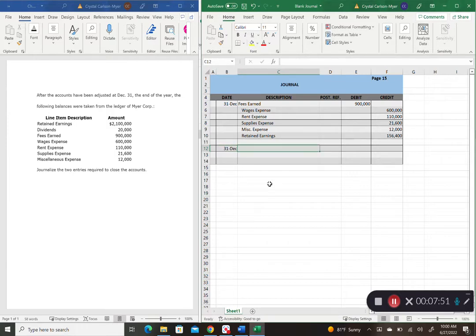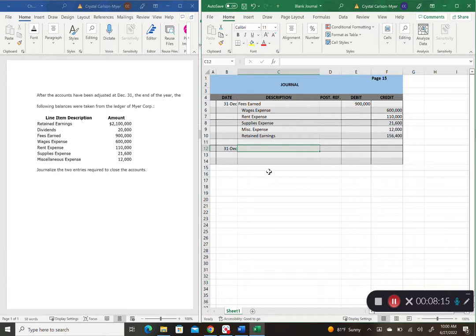Our dividends are a contra equity account, so they behave in the opposite way of an equity. A typical equity account is decreased by a debit and increased by a credit. The opposite is true for dividends. It is increased by a debit and decreased by a credit. So to close out your dividend account, you need to decrease it with that credit.